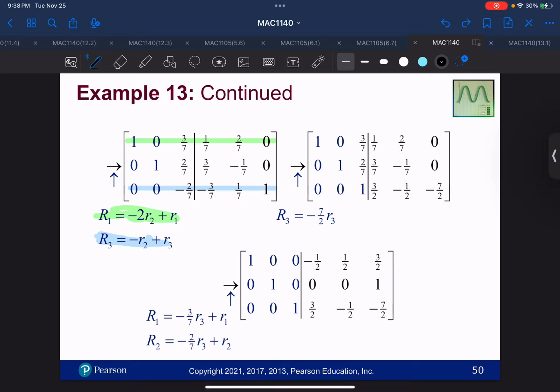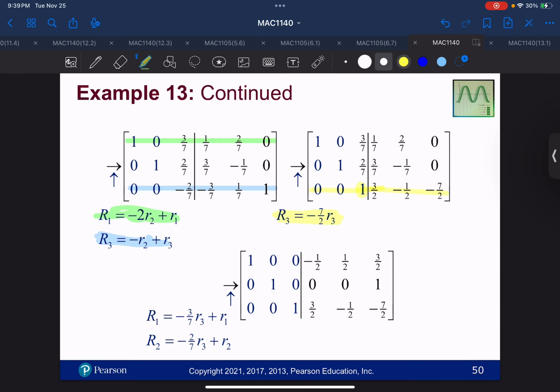And I mean multiply that whole row by the reciprocal. So they are multiplying row 3 by negative 7/2 to get a new row 3. So that gets that equal to 1, and then everything else changes as well. And the zeros are just staying the same because we just multiplied those by a number.